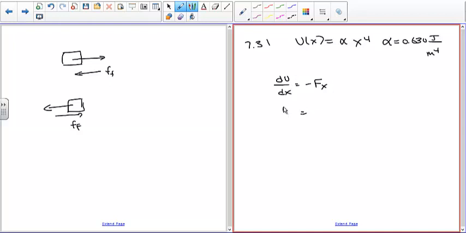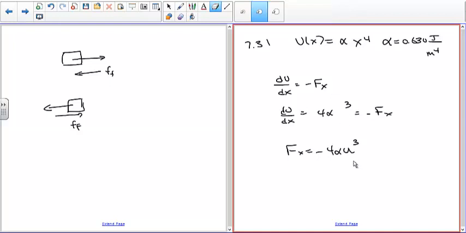So the derivative of U with respect to x is going to be 4 alpha x cubed. So that's equal to minus the force in the x direction, or the force in the x direction is equal to negative 4 alpha x cubed. Not u cubed, x cubed. This is x.